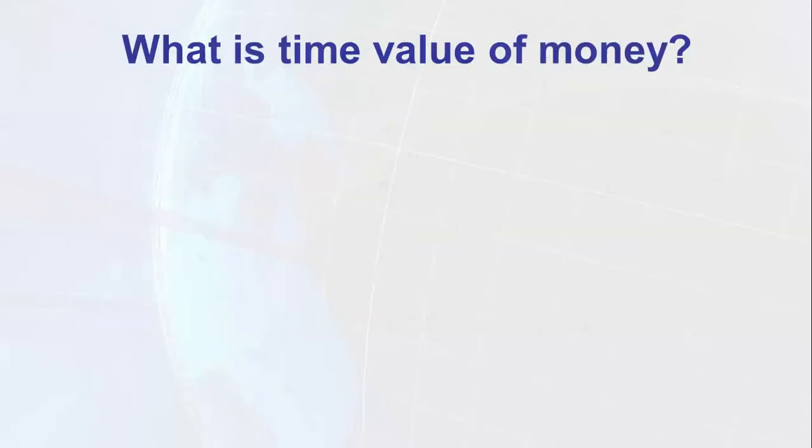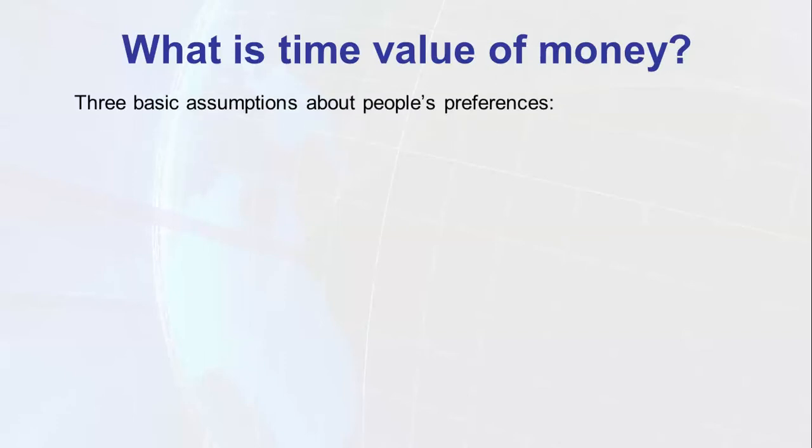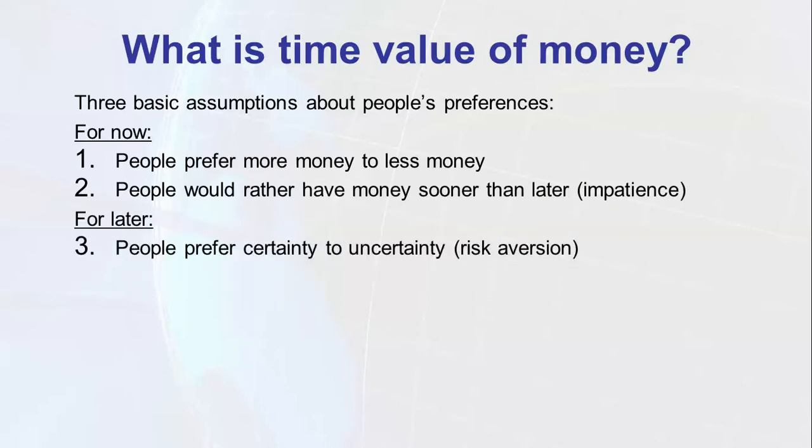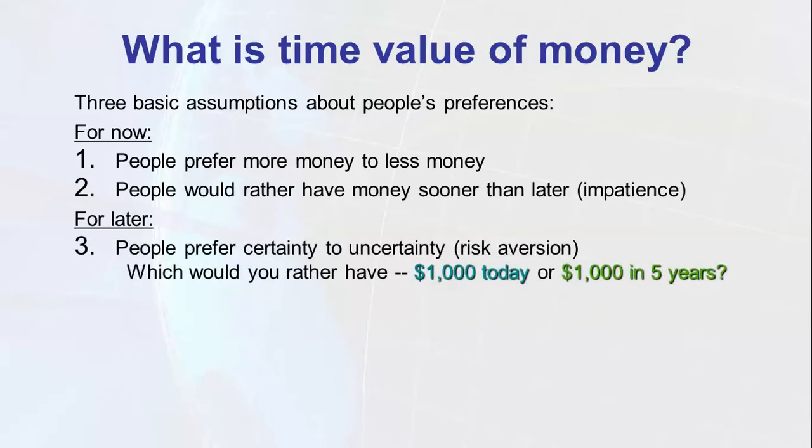Okay, so let's start. What is time value of money? Before talking about it, let me briefly talk about the assumptions we people make. There are three basic assumptions: two for now and one for later.